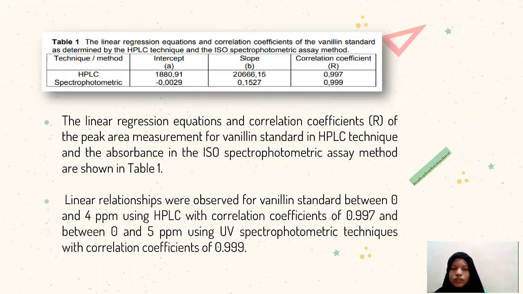The linear relationship was observed for vanillin standard between 0 and 4 ppm using HPLC, with a correlation coefficient of 0.997, and between 0 and 5 ppm using the UV spectrophotometric technique, with a correlation coefficient of 0.999.